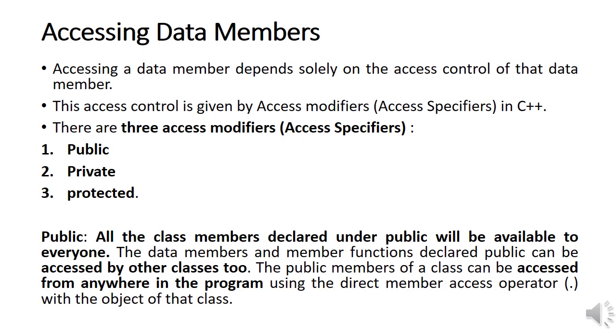All these are possible. That can be done by using the dot operator along with the object of that class. So in the case of the public access specifier, you can access your data members and member functions anywhere in that program.